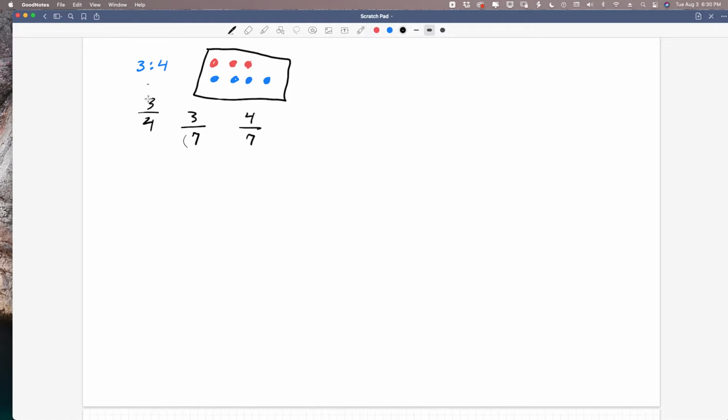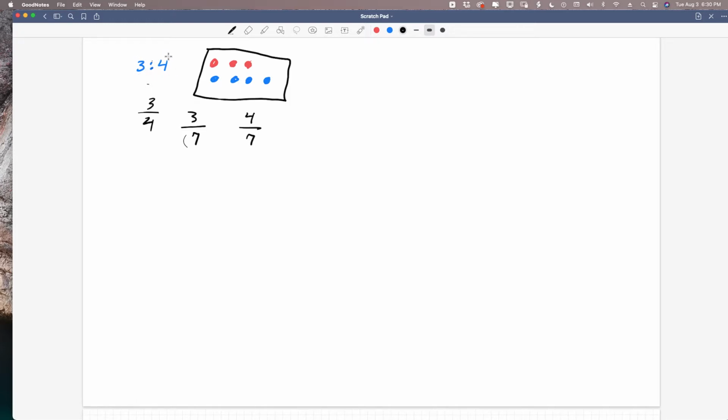Now, many times people will say 3 to 4 and write it like this, and that's okay as long as you don't get confused and think this is the total number in the set, because it's not. I find it's easier to write a ratio with the colon in between so that it makes sense to me later that these are a set of numbers versus another set.